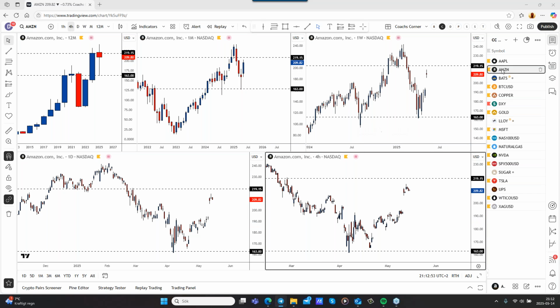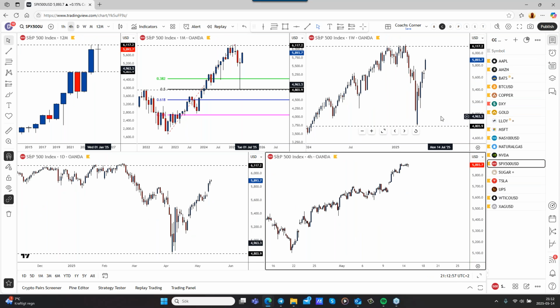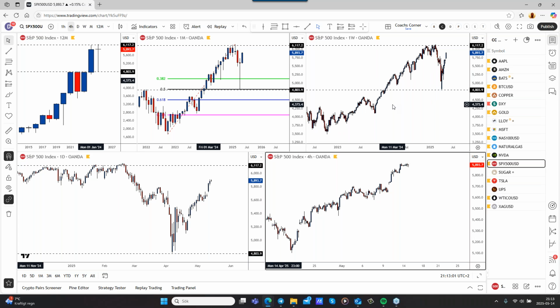Okay. So if I go to Amazon, and first and foremost if I go to the S&P, obviously many US stocks are highly correlated with the S&P. There is a minor difference between trading forex and trading stocks or indices, and I will be covering those differences in my pre-market analysis videos that I will be providing.